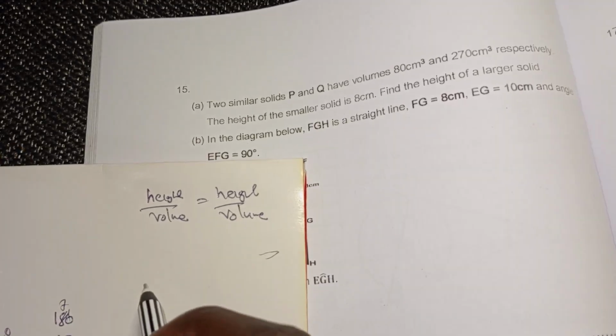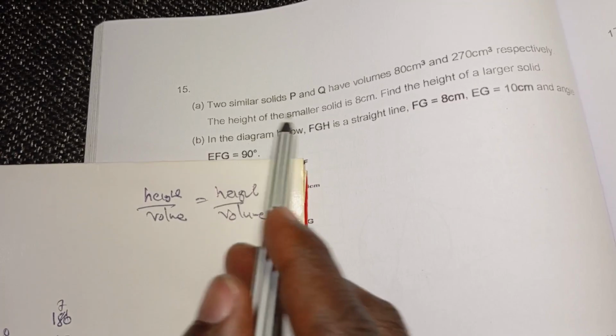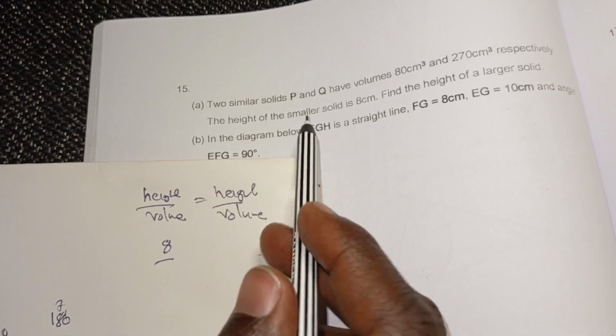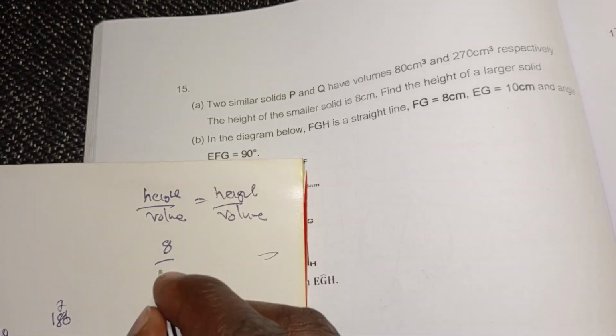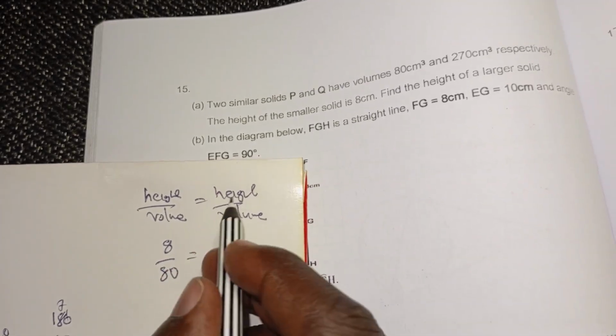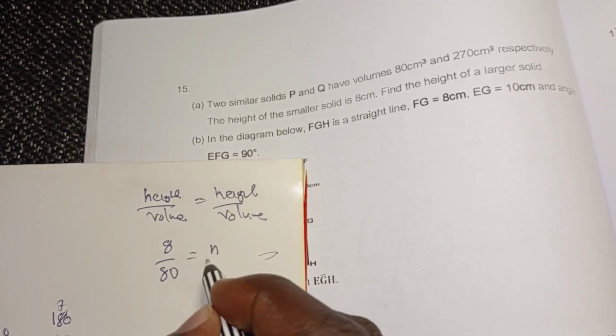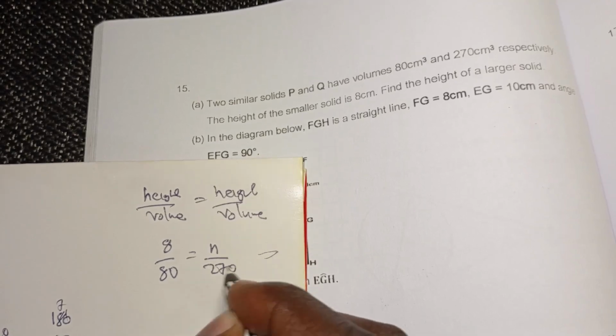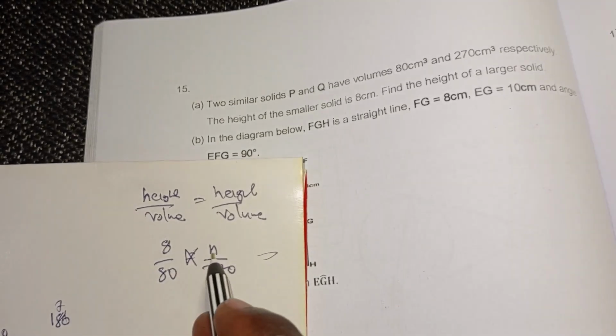Let's start with the height of the smaller one, which is 8, over the volume of the smaller one, which is 80. The height of the bigger one, we don't know, we just say h. The volume of the bigger one is 270. Do this.